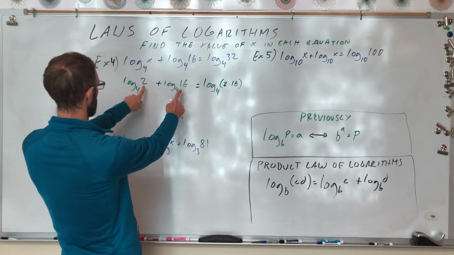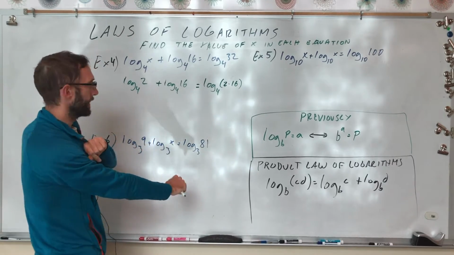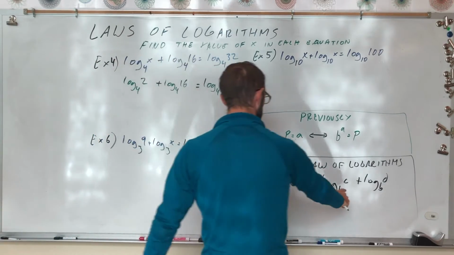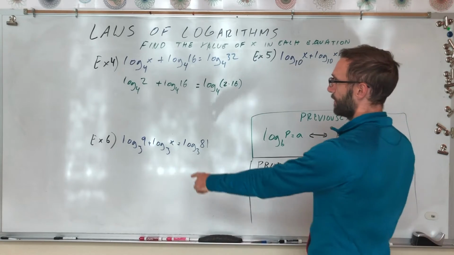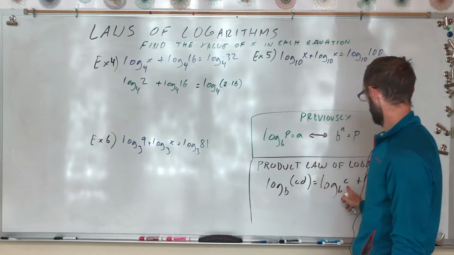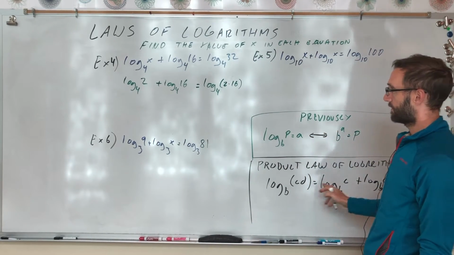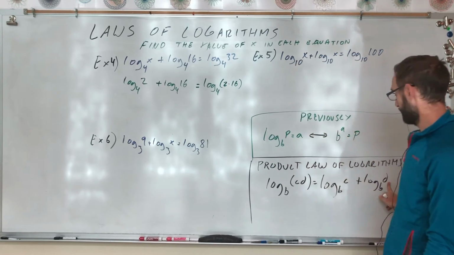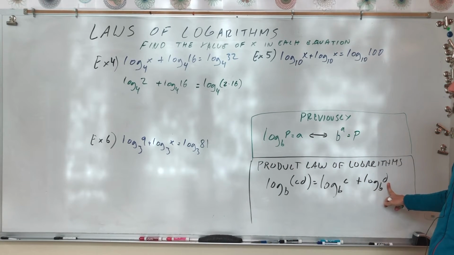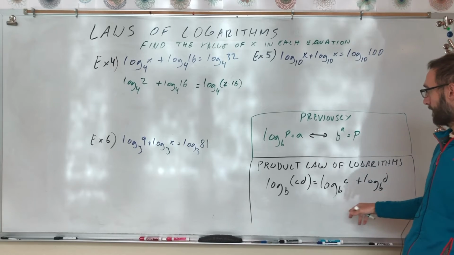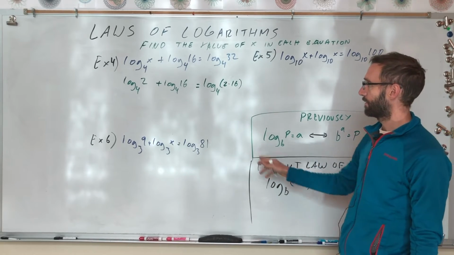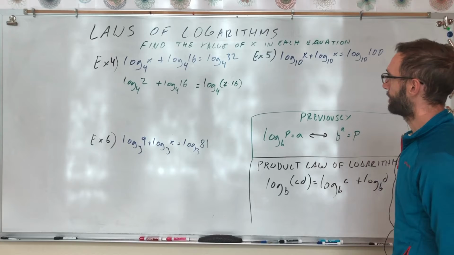Does that work? Let's see if our product law works here. So 2 would be like C, 16 would be like D, and then 32 is C times D, so 2 times 16. There we go. Looks pretty good.